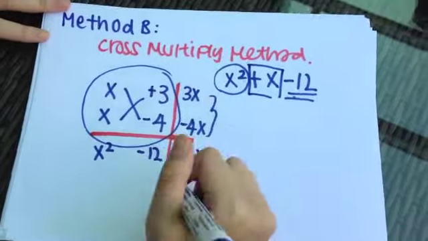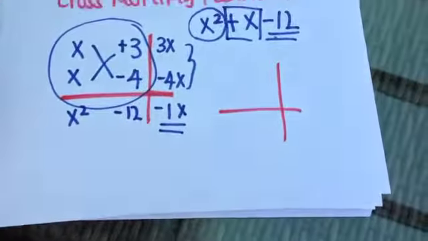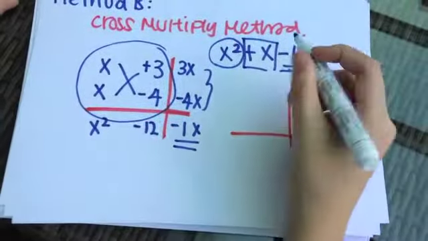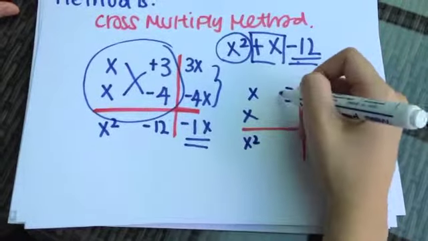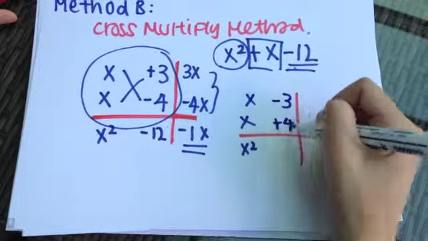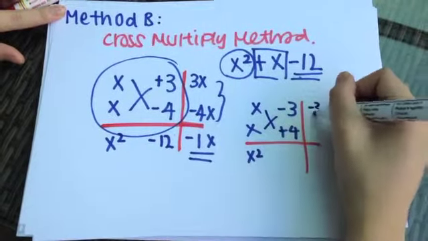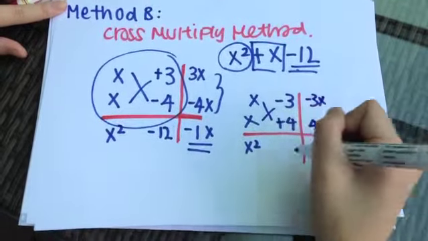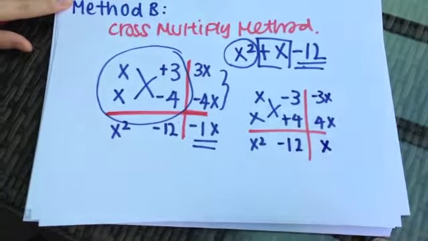So we'll try another one, the same way: x times x, x squared, but this time we'll use negative 3 and positive 4. So cross multiply it over, you get negative 3x, positive 4x, and then you get negative 12 and positive 1x.